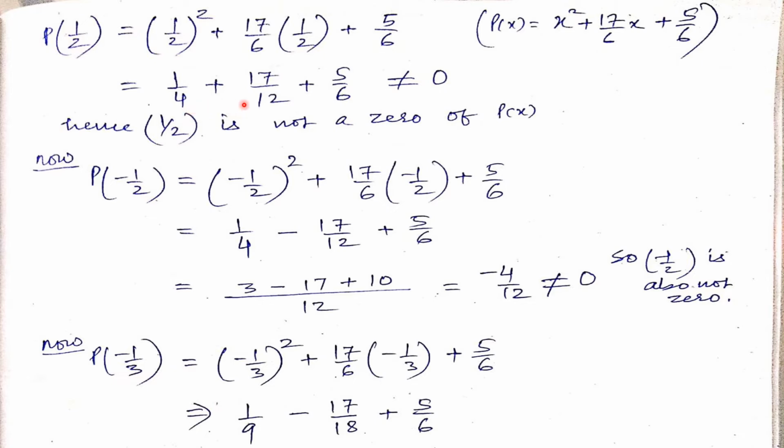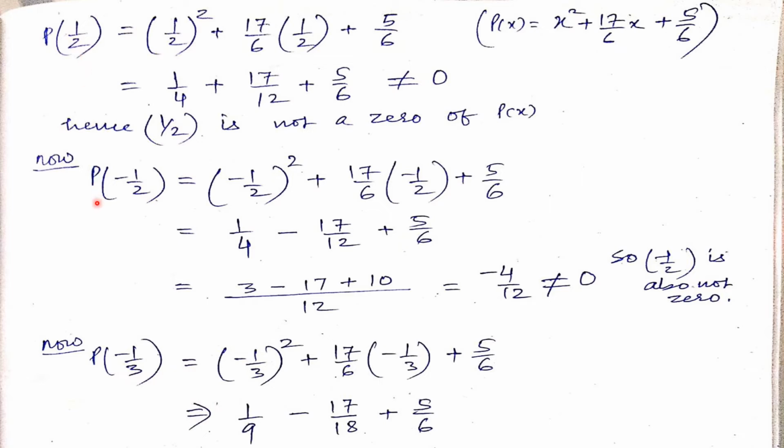Just by looking at it, you can say it will never come out as 0. Why? Because in between only plus signs are there. Do you think by adding 3 numbers you can get 0? No, don't waste your time. You can just say straight away that it is not equal to 0. Hence, we reject this guess of 1/2.